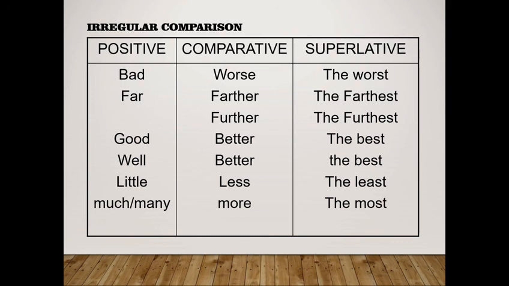Much and many. Remember that? Much is for uncountable, and many is for countable. In comparative and superlative, they are similar. Much and many, in comparative you can use more, and in superlative, you can say the most.